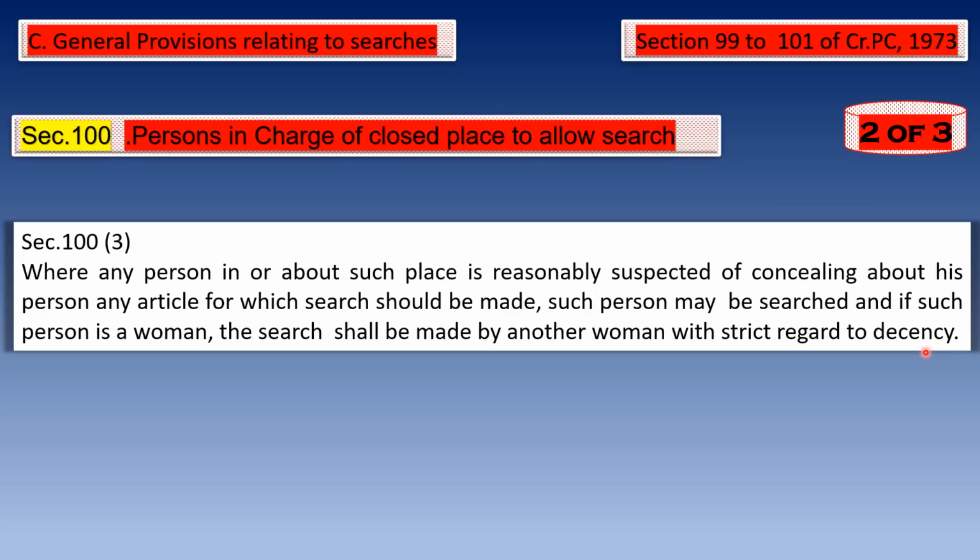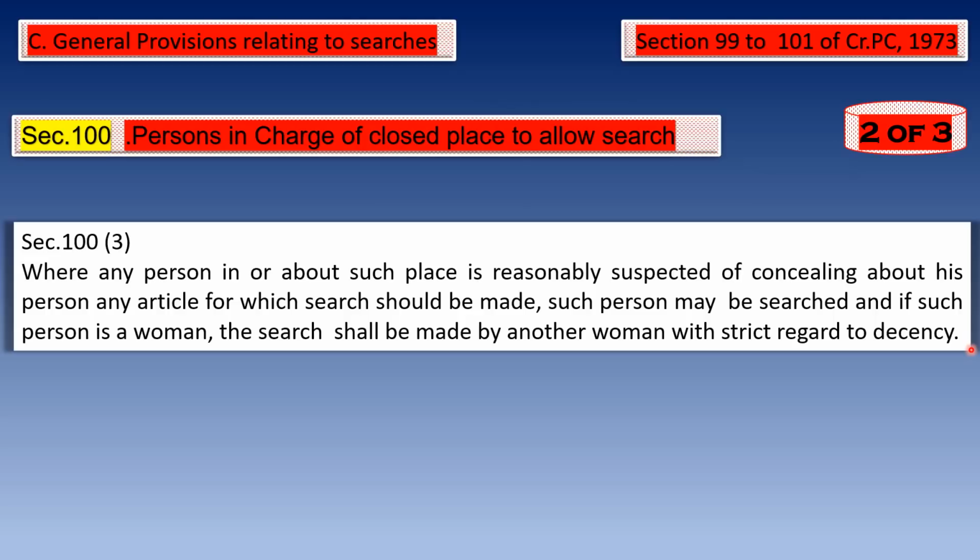So, subsection 3 of section 100 of Criminal Procedure Code 1973 is speaking about a search to be conducted on a person in a given place or around some place who is suspected to be containing some article, either in his pocket or in shoes or socks or somewhere in his body. Then a search can be conducted on a person.